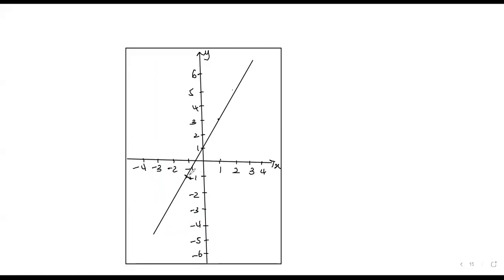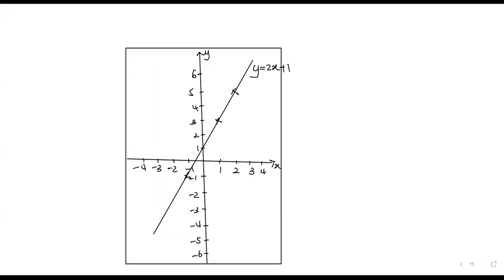And if you mark the points like this, you write the name y equal to 2x plus 1, right? So then what you want to do is draw x equal 3.